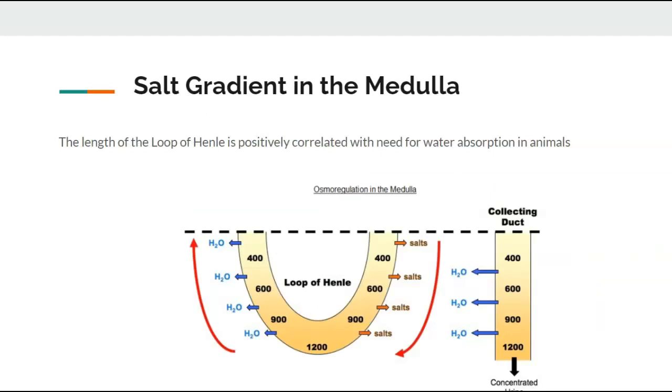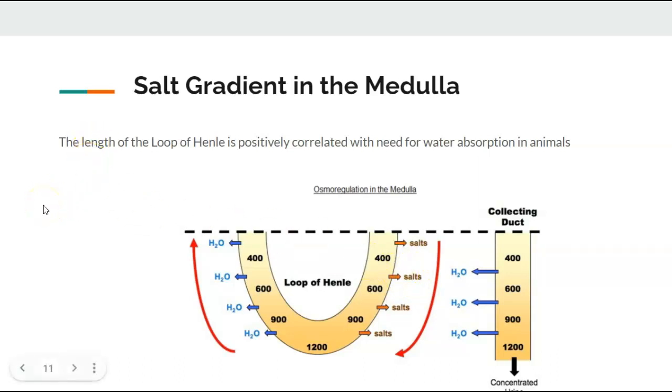Now, the salt gradient, okay? As you're going down, you have your water coming out, and it's getting saltier and saltier, and then on the way up, you have your salts coming out, which again is increasing the salt concentration.